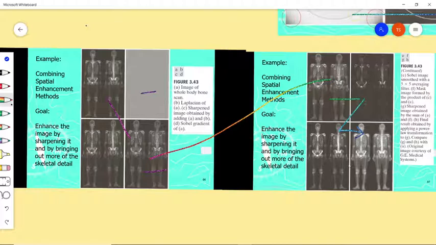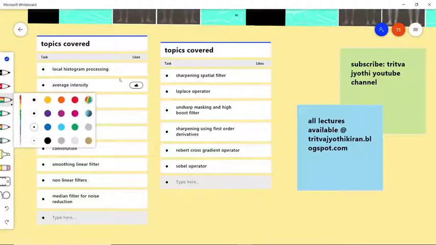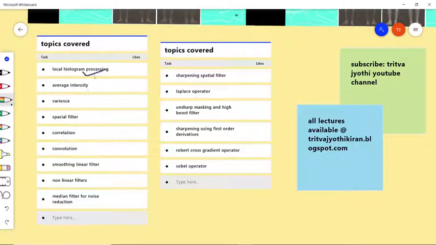This is the application. In this board we covered the topics: local histogram processing, average intensity and variance, spatial filters correlation, spatial filters convolution, and smoothing linear filters.